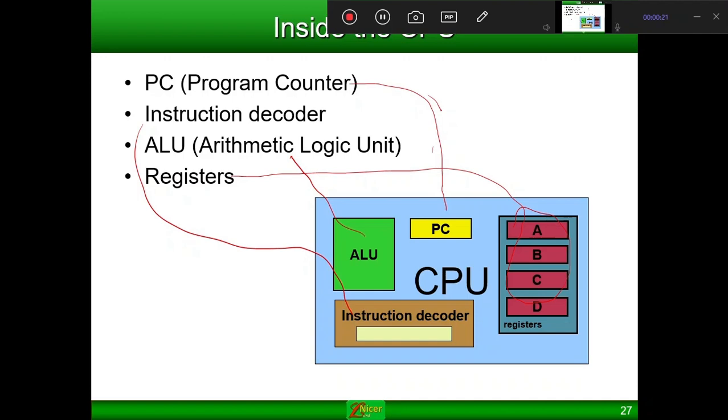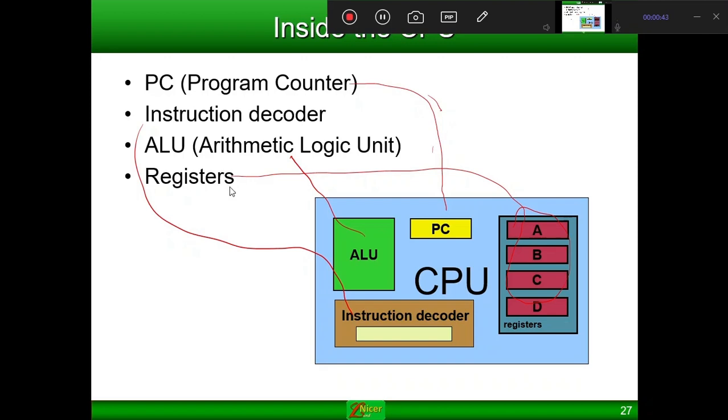So a CPU comprises multiple small units that combine together in order to complete the operation being performed by the CPU. The components include the PC, program counter, instruction decoder, ALU, arithmetic and logical unit, and the registers.